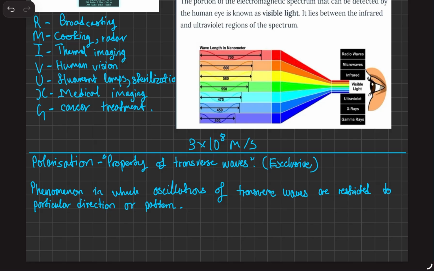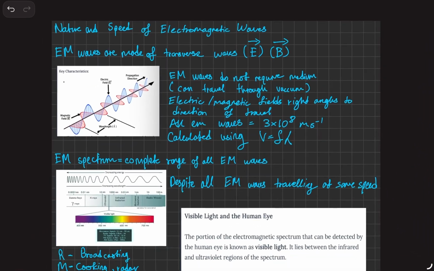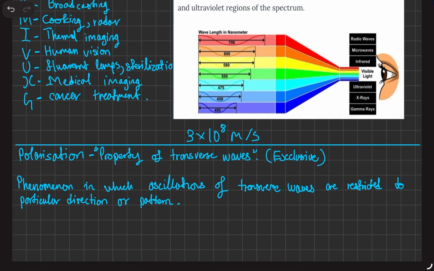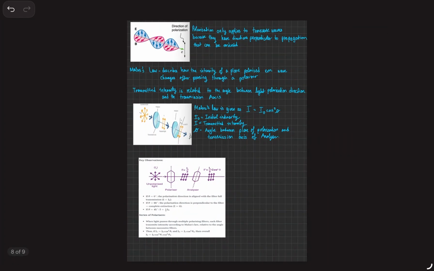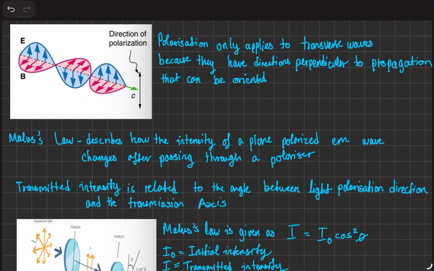The next thing is a continuation of EM waves. I should have done them together, honestly, but it's too late for that now. Polarization is a property that is exclusive to transverse waves. It's the phenomenon in which oscillations of transverse waves can be restricted to a particular plane. So if we see these waves, and pretend this is a polarizer only allowing direction in this way, we would not get this wave coming through.